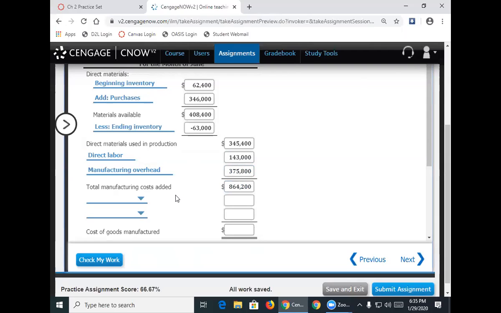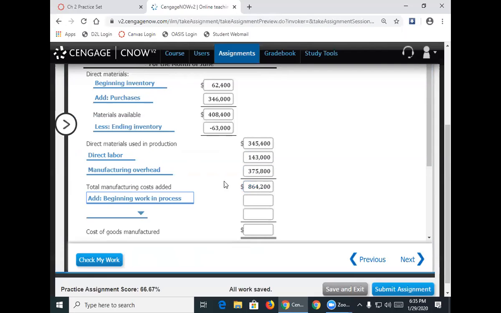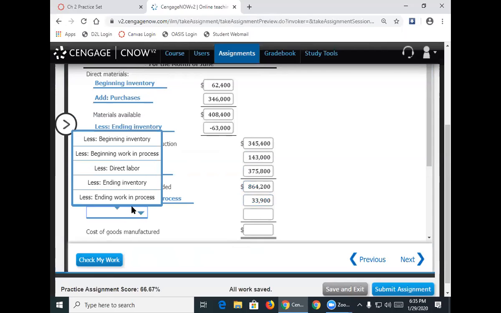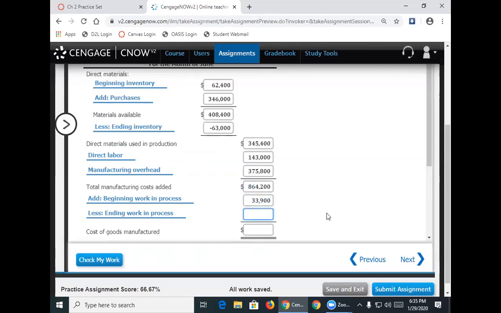From there, we added in our beginning work in process, $33,900. And we subtracted out our ending work in process, minus $37,500. Cost of goods manufactured, $860,600. Everything matches up.